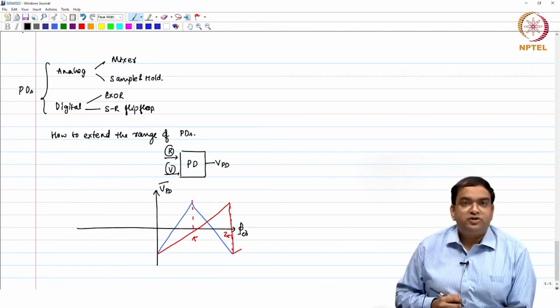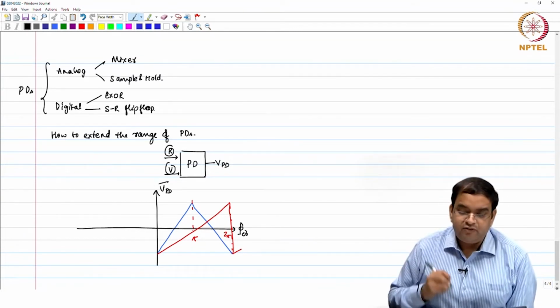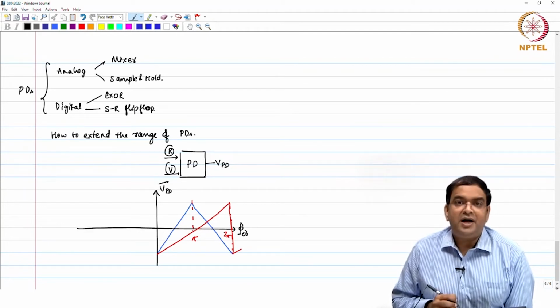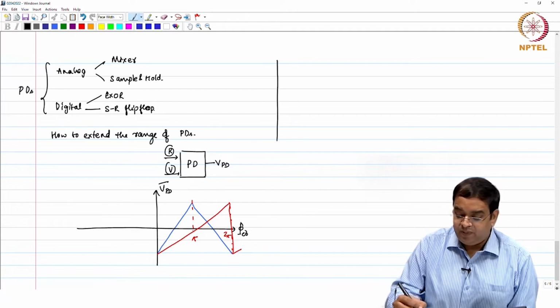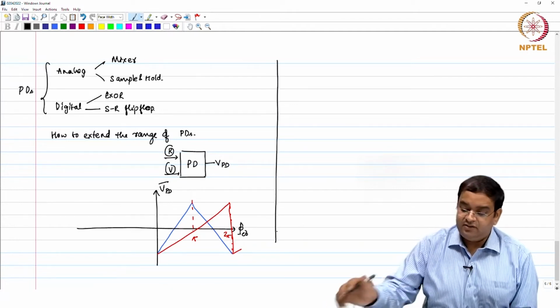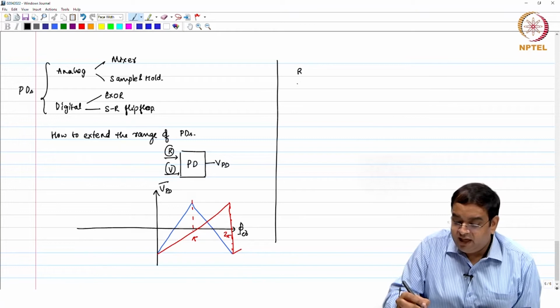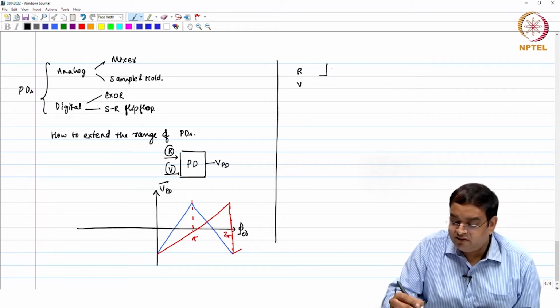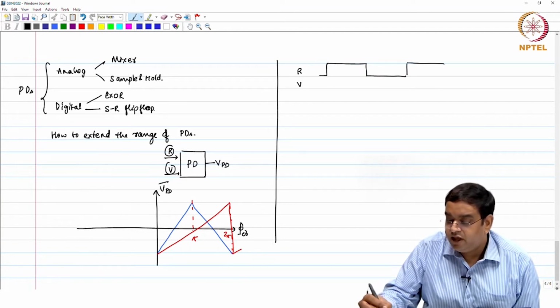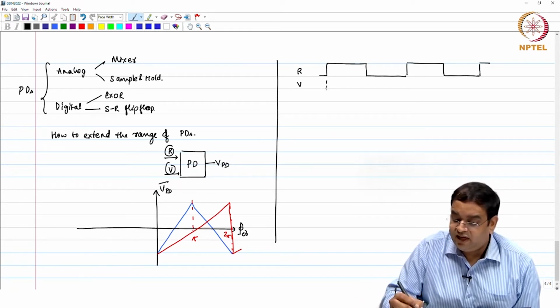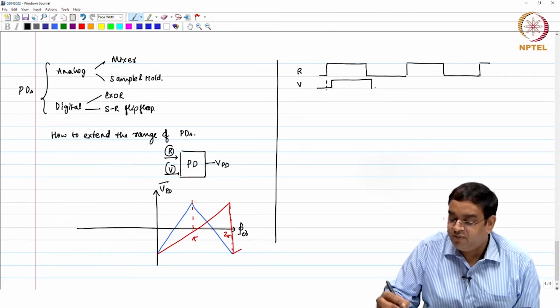If you reduce the frequency here for R and V, then your range will actually get extended. So, what it means, let us see. Let us say I have my actual R and V signals like this, and the V signal has the phase error. The frequency I am keeping the same.